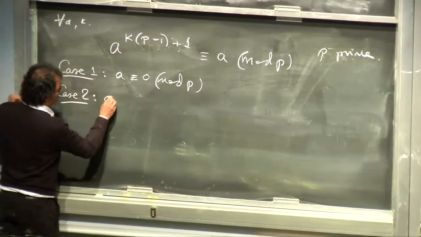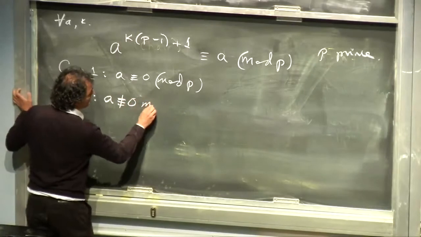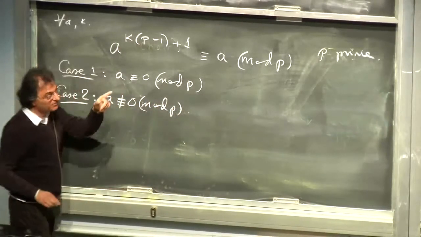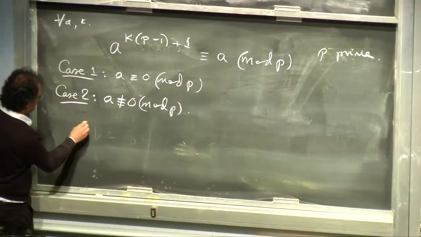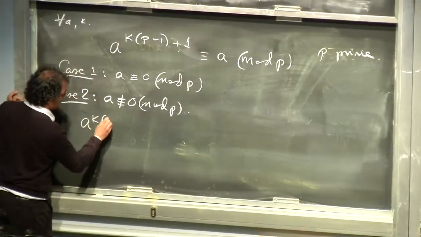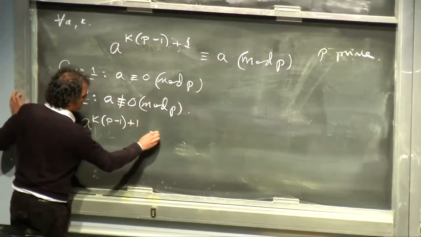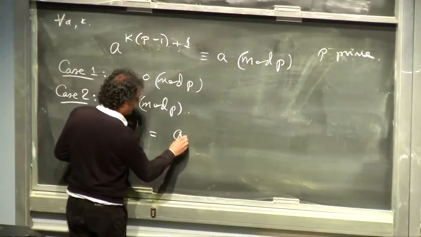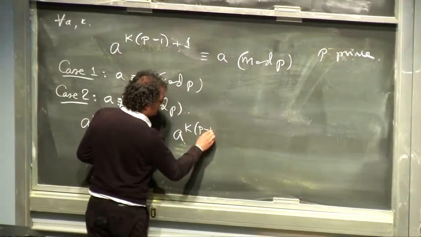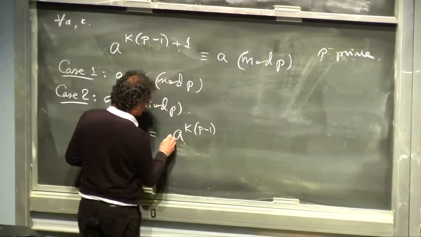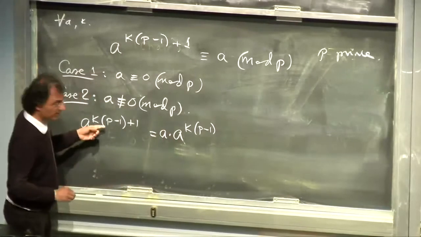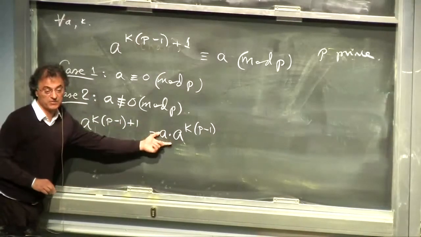Case 2: a is not congruent to 0 mod p. Now we can use Fermat's little theorem from up there. So a raised to the power of k times p minus 1 plus 1 is a raised to the power of k times p minus 1, times a, because I just pulled out the plus 1.